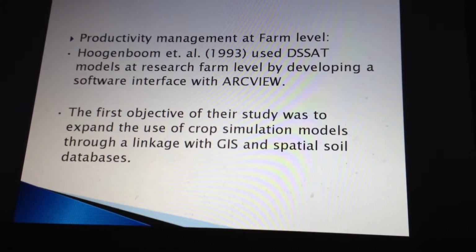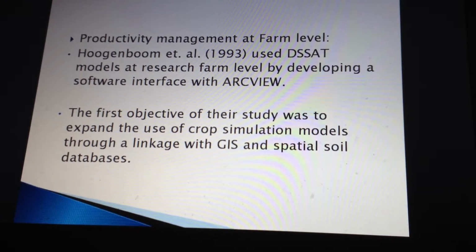The first objective of their study was to expand the use of crop simulation models through a linkage with GIS and the spatial soil database.